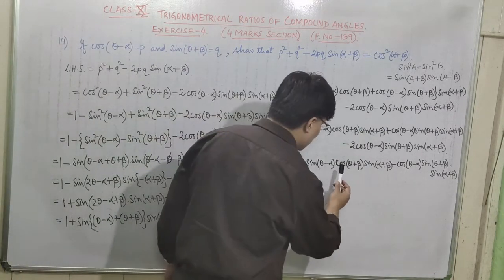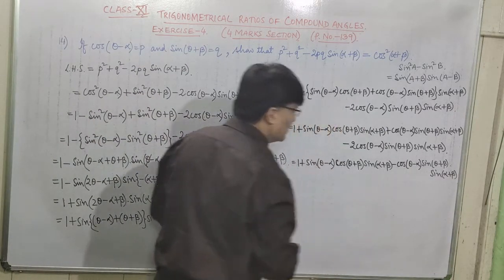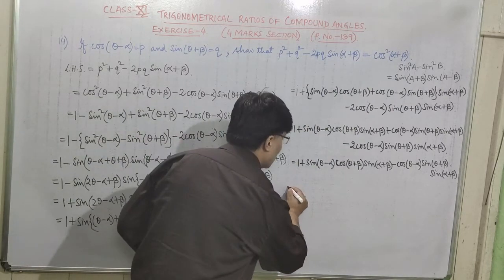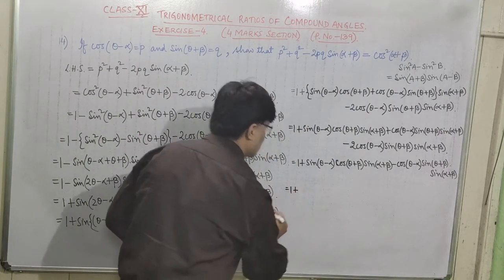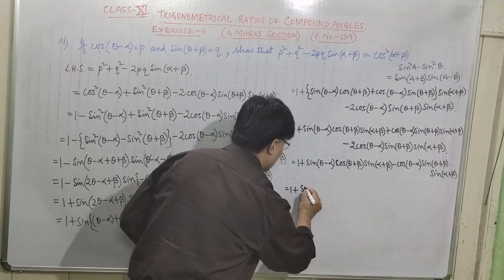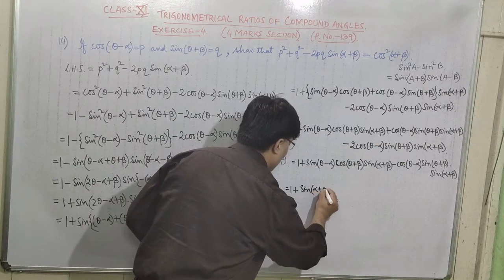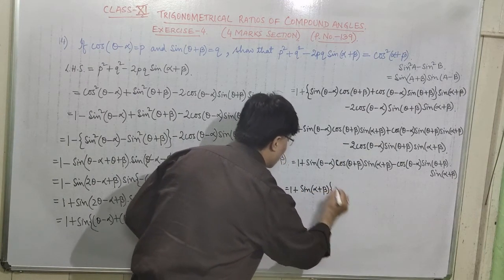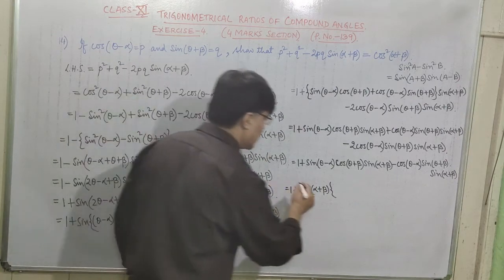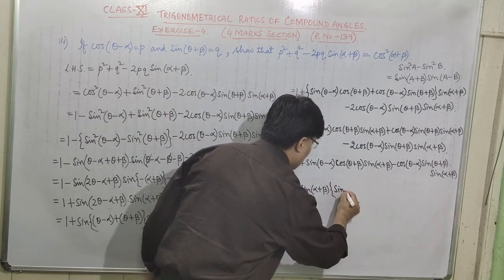So now again you can simplify this second term and the last term. Is equal to 1 plus, what is common out here? Sine of alpha plus beta is common out here. So within the second bracket, what do we get?